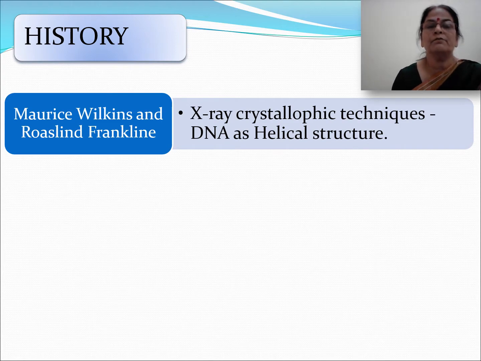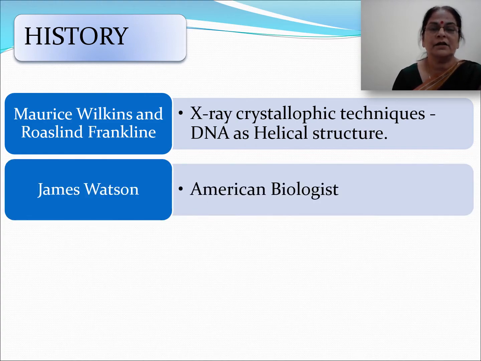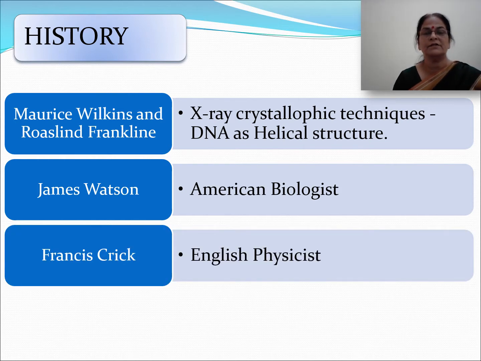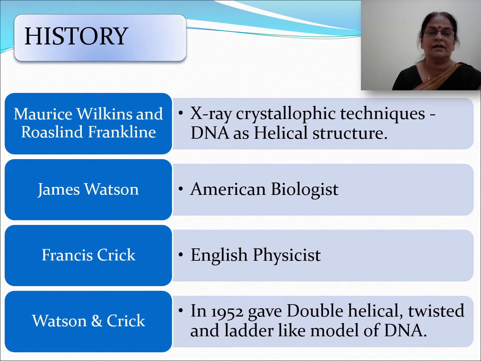These two names are very important because they first proposed a helical structure for DNA by their X-ray crystallographic techniques. And James Watson, an American biologist, and Francis Crick, an English physicist. Watson and Crick in 1952 gave the double helical, twisted and ladder-like model of DNA.